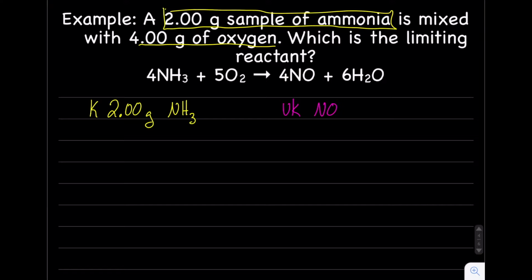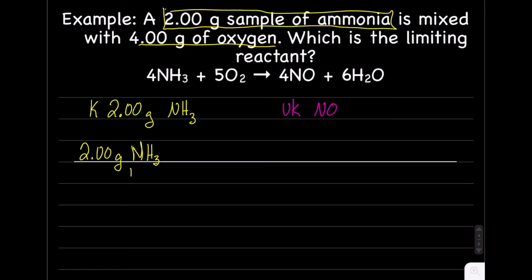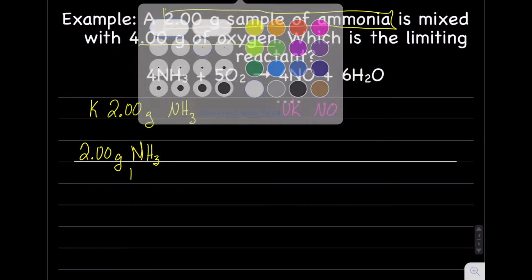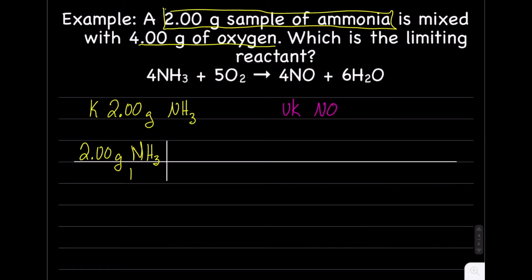So now what we need to do is set up the grid and put our known in the grid. My known is going to be 2 grams of ammonia over 1. All right, so the next thing we need to do is pick an equality.